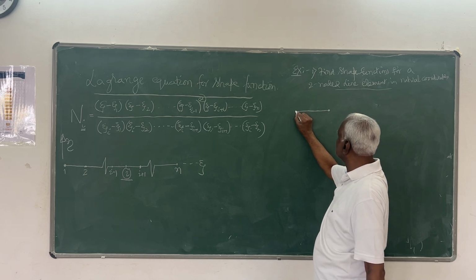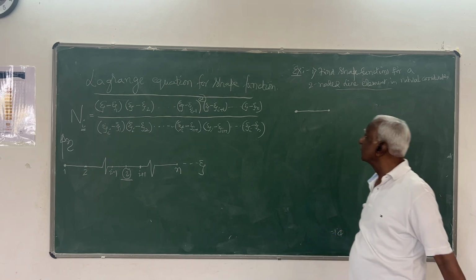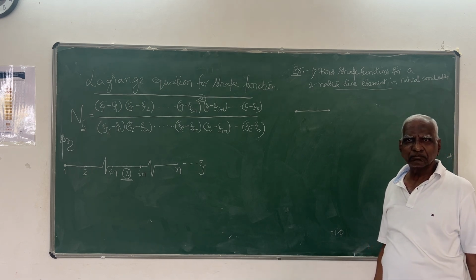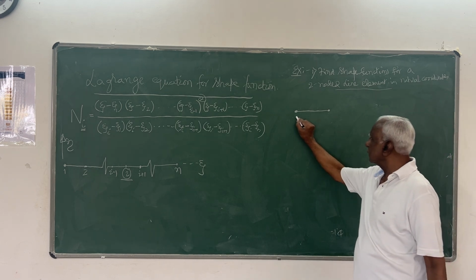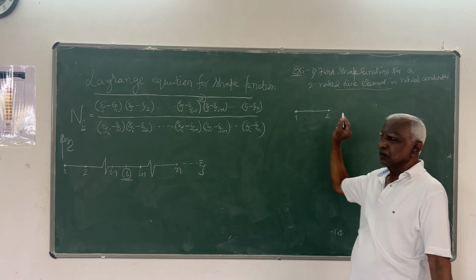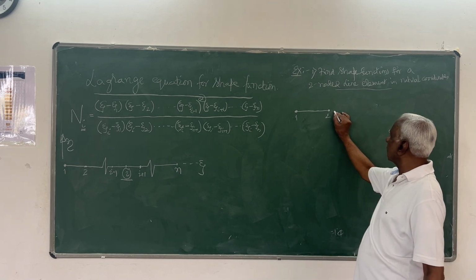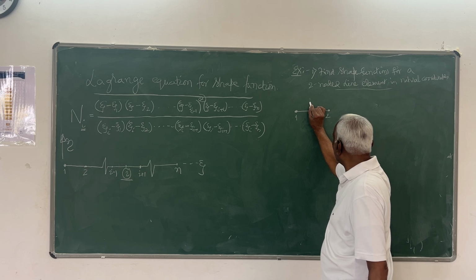So it is this line element, correct? This line element has two nodes. I told you it is in natural coordinates.